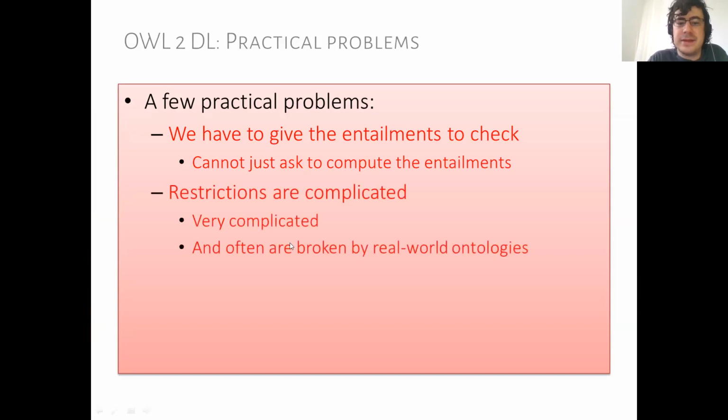So it's only complete for the entailment decision, asking if two ontologies, one entails the other or not. Restrictions are complicated. The restrictions needed to make sure that an ontology is in AL2DL are very complicated, often broken by real-world ontologies.